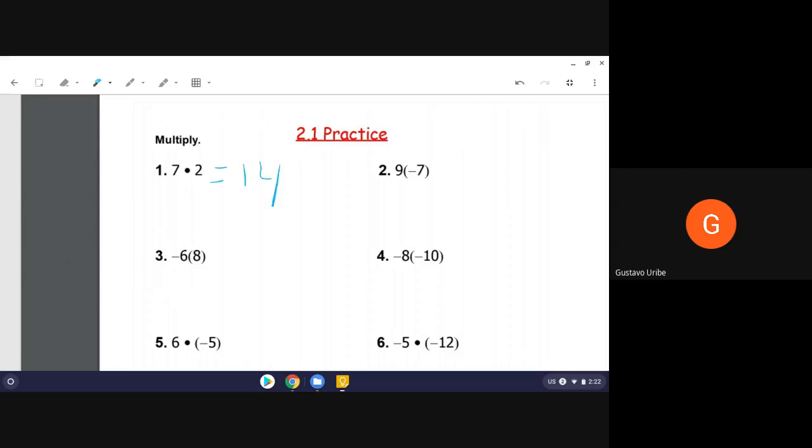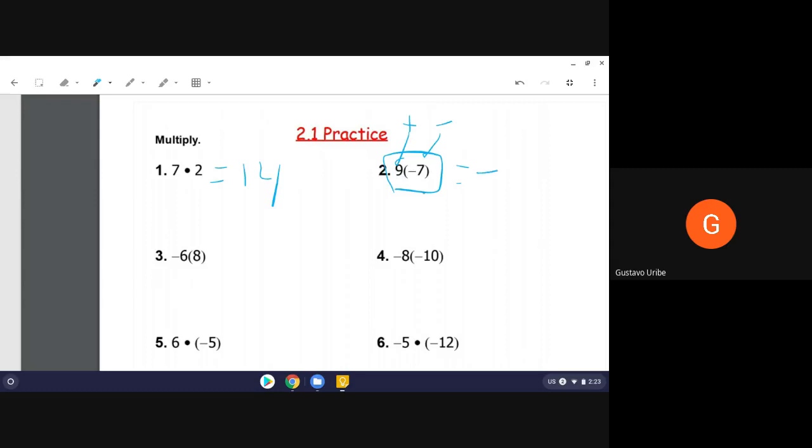Now, another way of expressing multiplication is like this. Whenever you have a number right next to another number that's in parentheses, this means multiplication. So I have a positive number here and a negative. These are different signs, so my answer is going to be a negative.